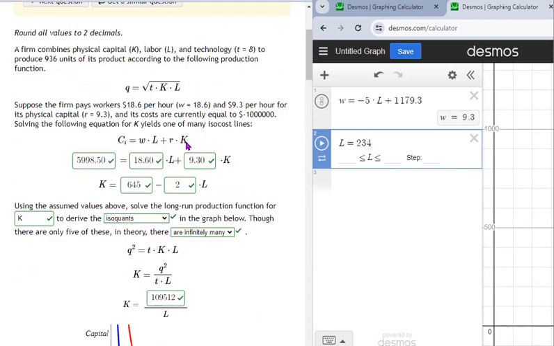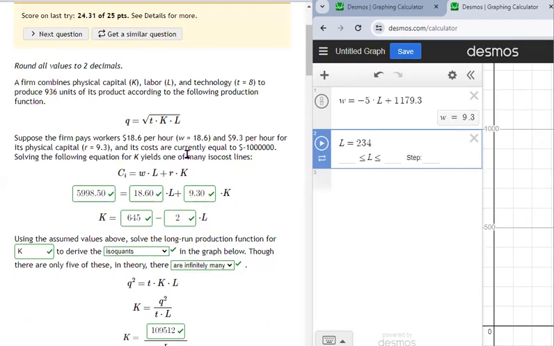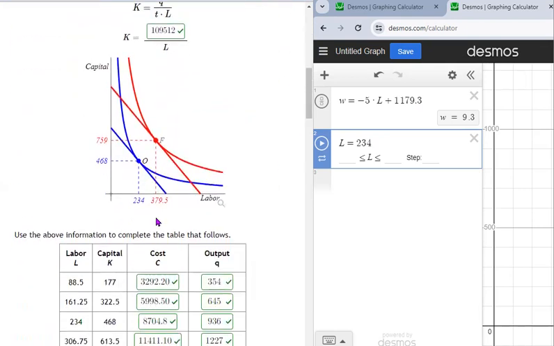My original wage was 9.3, right? So maybe this is accurate. We don't know what the slope is. Assuming the slope is correct, this is the labor demand equation, because when we plug in the 234 that we demanded initially, we get a wage of 9.3, right?